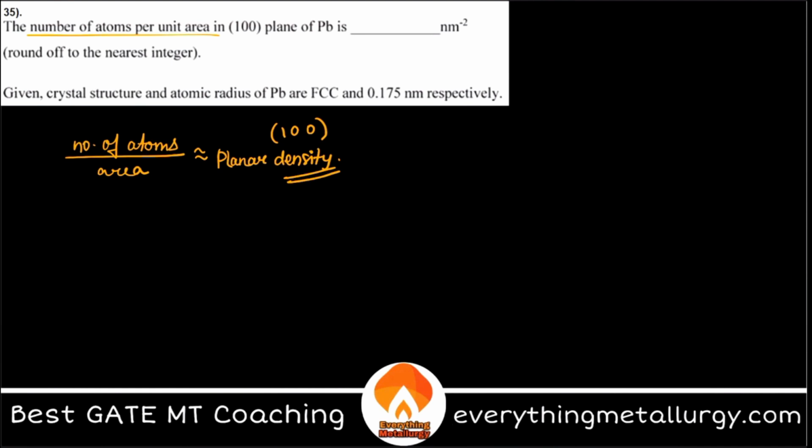Number of atoms per unit area in a given plane of Pb. And they said that Pb is an FCC structure. So let's quickly see what an FCC structure is. We know it is face centered cubic. So we have 8 atoms at the corners, and also we have 6 face centered atoms, right?